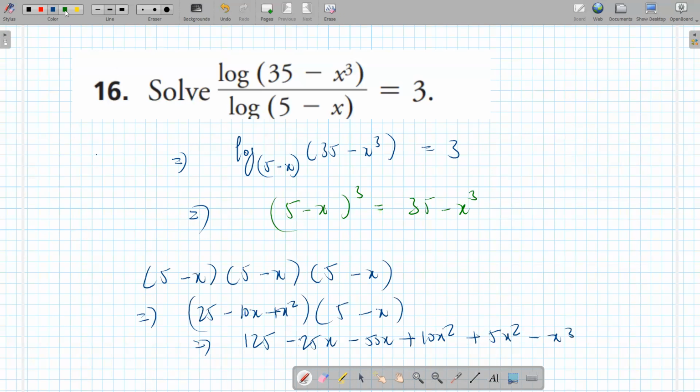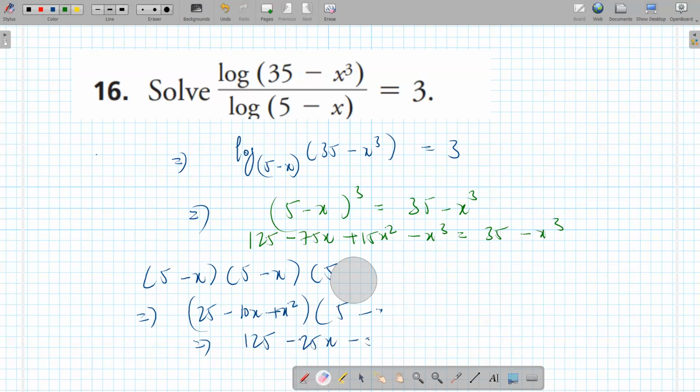So this entire thing becomes 125 minus 75x plus 15x squared minus x cubed equals 35 minus x cubed.